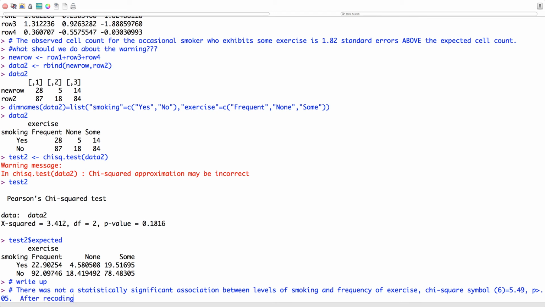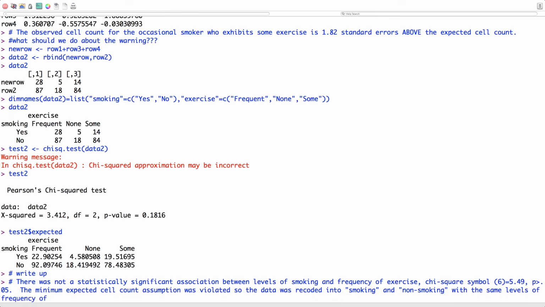After recoding, the minimum expected cell count assumption was violated, so the data was recoded into smoking and non-smoking with the same levels of frequency of exercise.